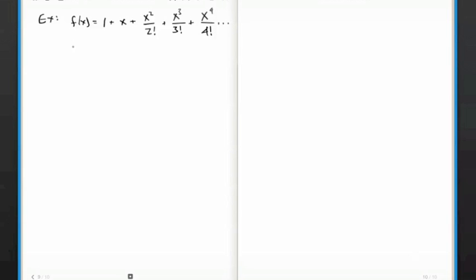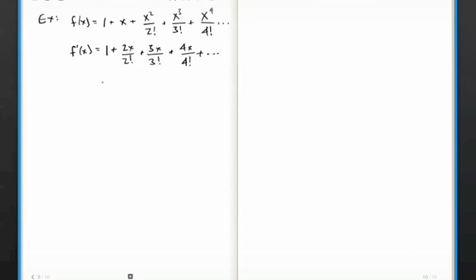And now if I want to find the derivative of that, f prime of x equals, well, the derivative of 1 is 0, so that goes away. So this becomes a 1 plus 2x over 2 factorial plus 3x over 3 factorial plus 4x over 4 factorial plus dot dot dot.